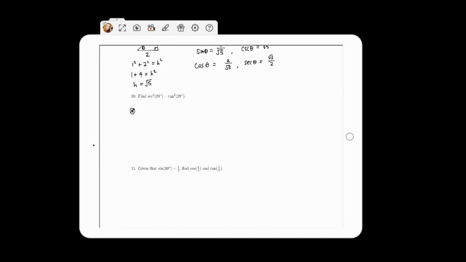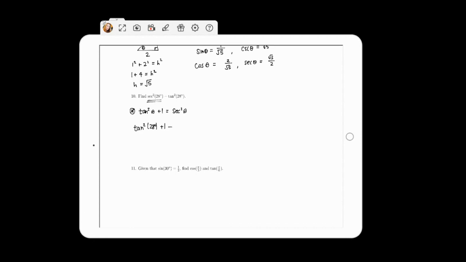If you can remember the Pythagorean identity that states tangent squared theta plus 1 equals secant squared theta, we can apply this identity here. So I have secant squared of 28 degrees. I can replace that with tangent squared of 28 degrees plus 1, sorry.